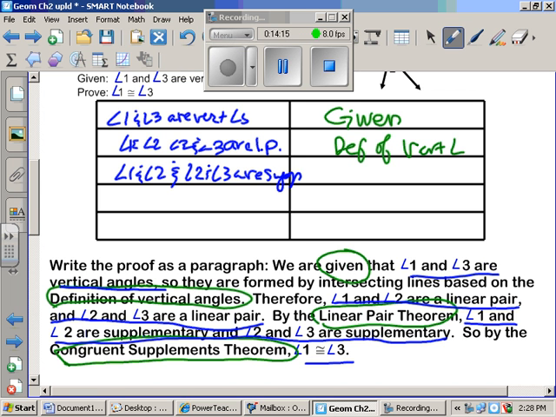Andrew? Why would they be supplementary? What does it say? Exactly. Linear pair theorem. So be careful because you notice on that one, the reason came first in the sentence. They were just, when they were writing the paragraph, it just sounded better. So they made that one come first.